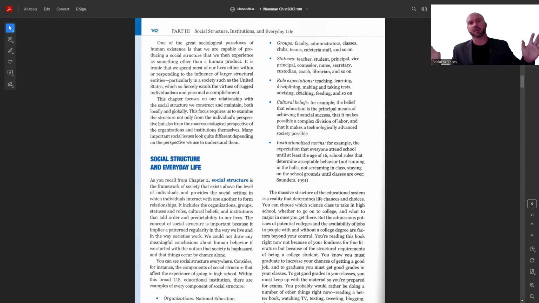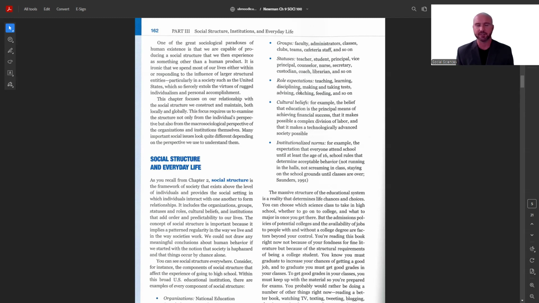Then there are broader cultural beliefs that, for example, education is good for individuals and it's good for society. Maybe if you valued leisure or entertainment more, you might think, well, education's kind of boring. You have to do a lot of unnecessary work, and why not spend your time just engaged in what you want to do, like playing video games or listening to music or watching movies or Netflix or TikTok or YouTube or something like that.